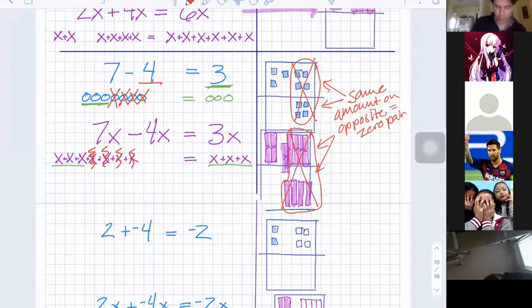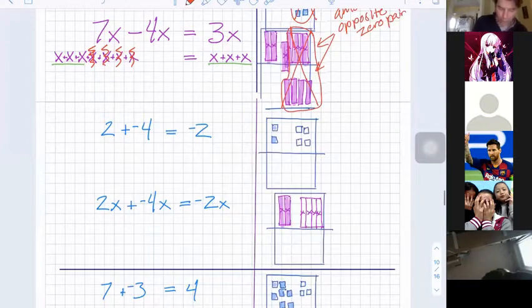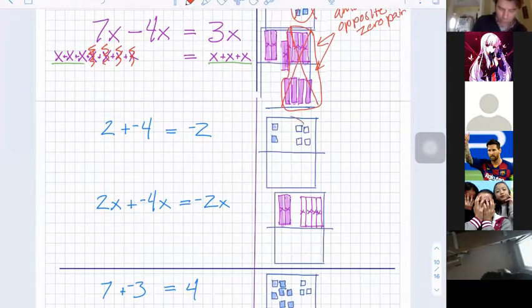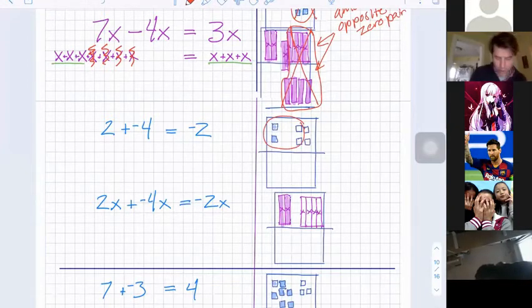Okay. And then the other type of zero pair, we're going to talk about this again. So 2 plus -4, right? I know that the same amount, equal amount, opposite amounts, on the same side equals 0 pairs.